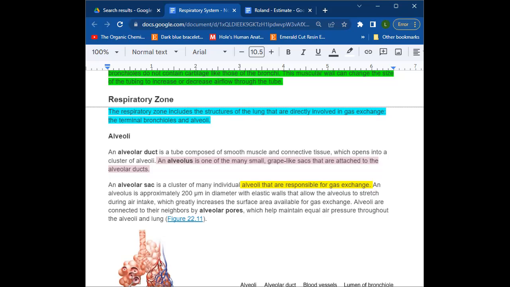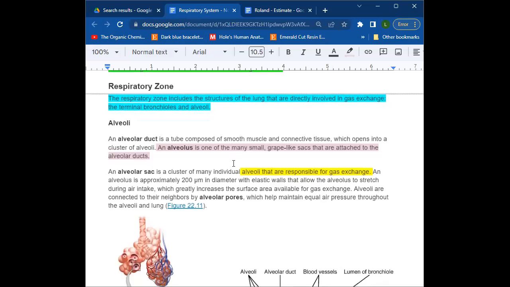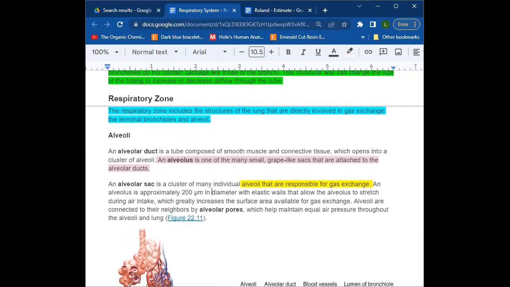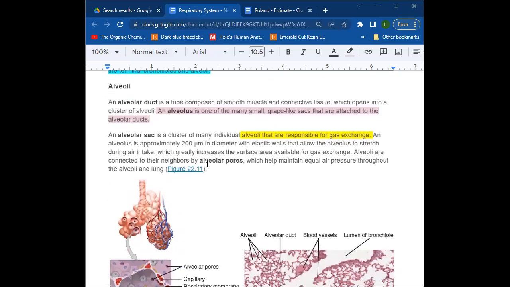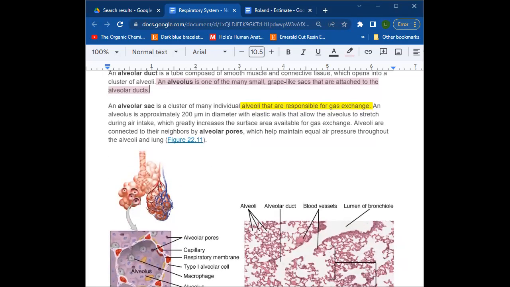So the alveoli is where we're going to have the gas exchange, and it's also the beginning of the respiratory zone. So this is supposed to be the respiratory zone. Okay, so as I mentioned, the alveoli is necessary for gas exchange.